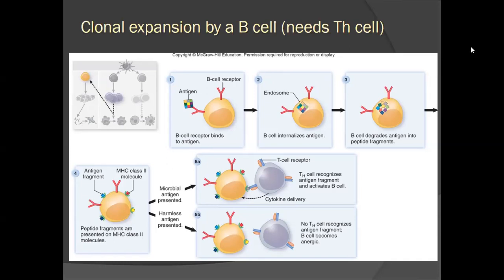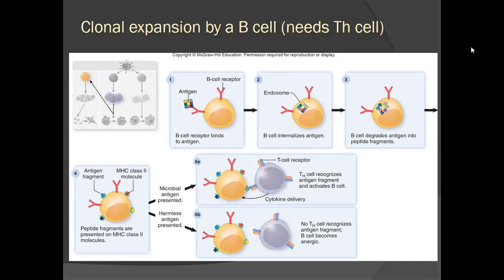This is an important thing to realize. MHC class 2 presents antigens that were phagocytized, or in this case, B cells are a little different, but were taken in from the external environment. MHC2 is going to present specifically to the T cell receptor on a T helper cell.